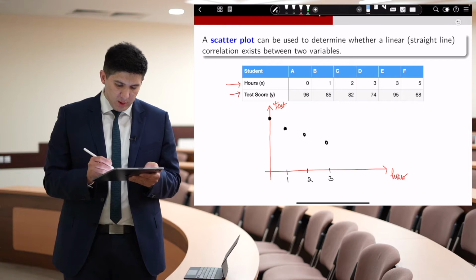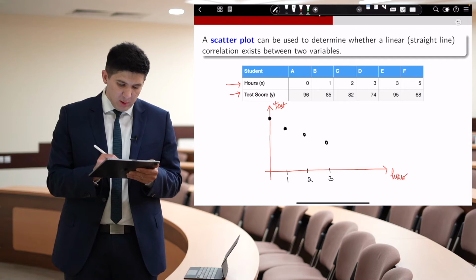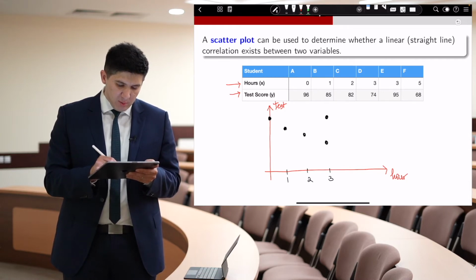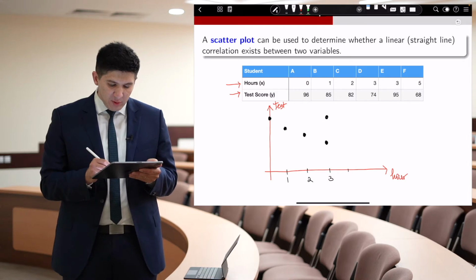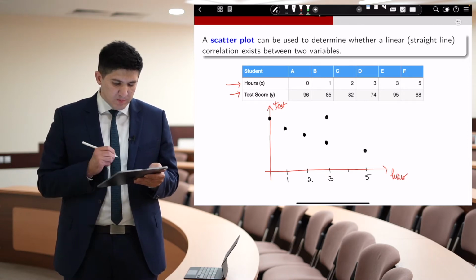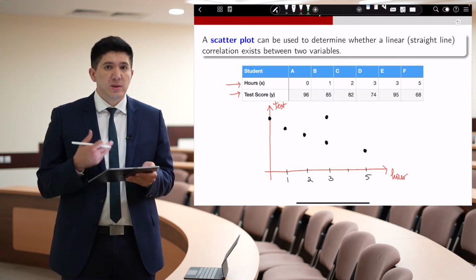Sorry. Student E is very smart, because even though he spent a lot of time watching YouTube, his score is really good. Student F has watched 5 hours of YouTube, and he's got 68. Okay, so I put these points, and this is called the scatter plot.